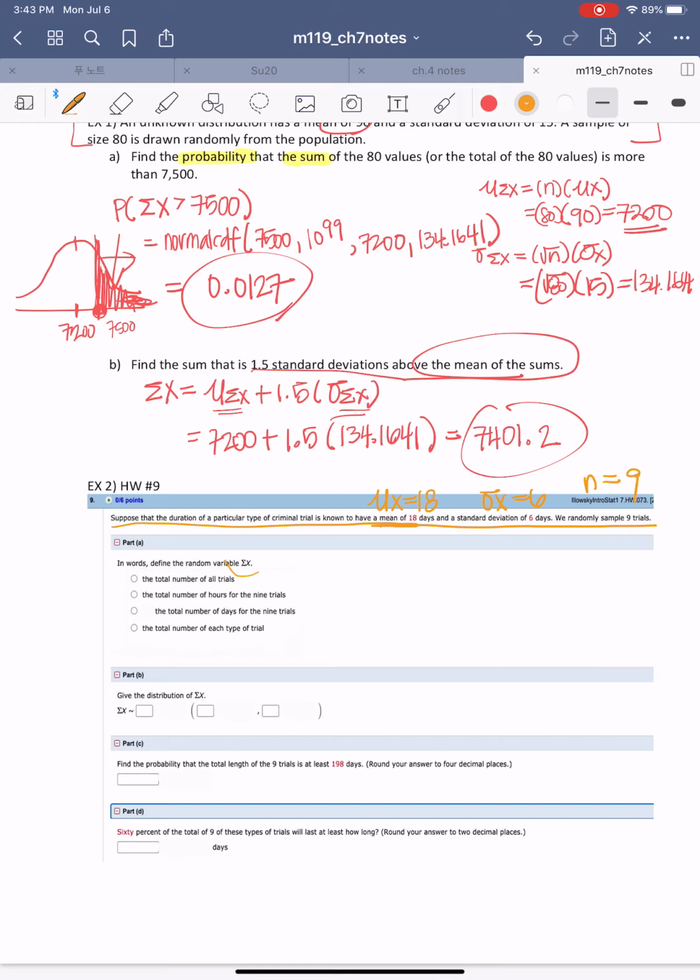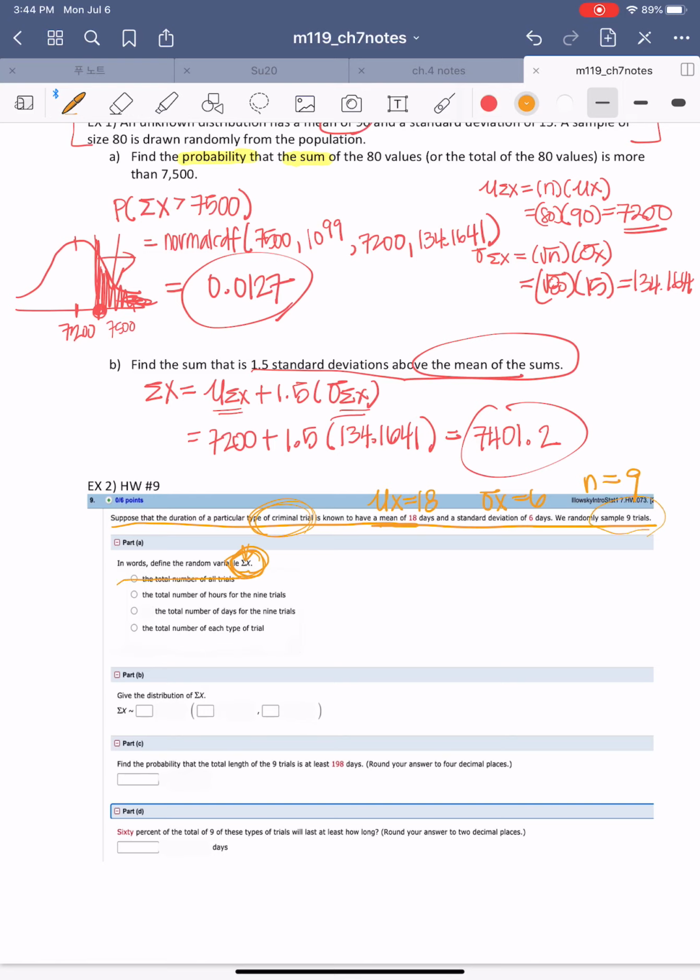In words, what is the sum of x? That's a sum formula, so I should see the word sum, or total, which is another word for sum. What was our x value? It was the duration of a criminal trial. I'm not looking at all trials, I'm only looking at a sample of 9, so I can eliminate this one.